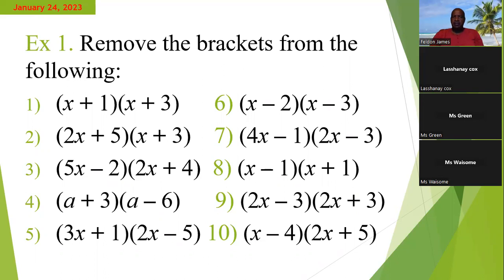I'll just give you about 10 minutes to do all of these. After you're through, I'm just going to ask individuals to walk me through each, so be prepared to work one of these problems. All right, so I'll give you 10 minutes.